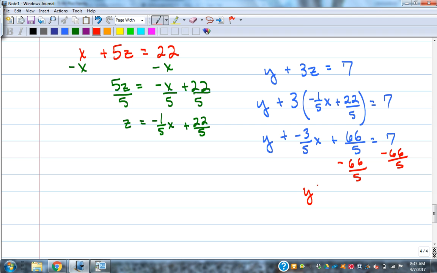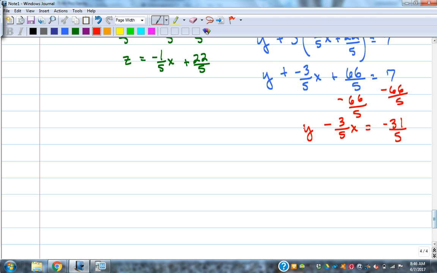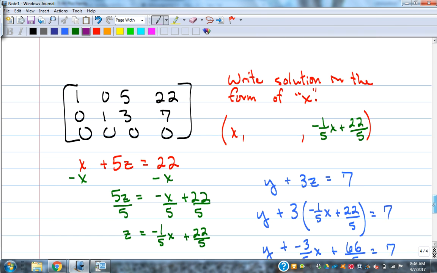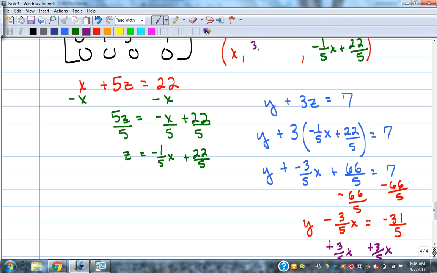It's a good question because you're going to have to do it, and I wasn't planning an example. So 35 over 5 minus 66 over 5 would be negative 31 over 5. And then add 3/5 X. And there's Y in terms of X: 3/5 X minus 31 over 5.